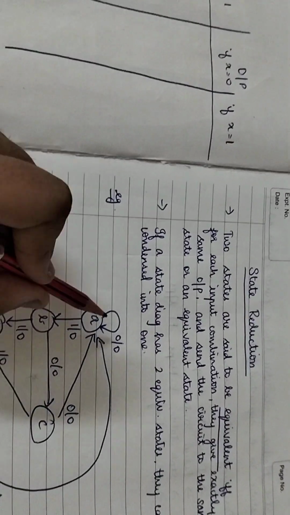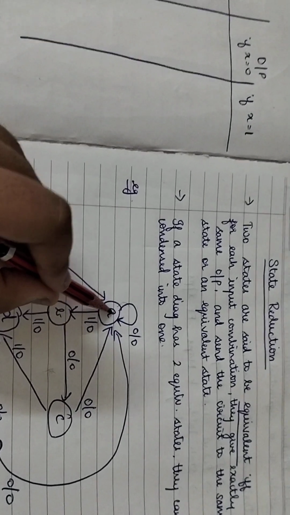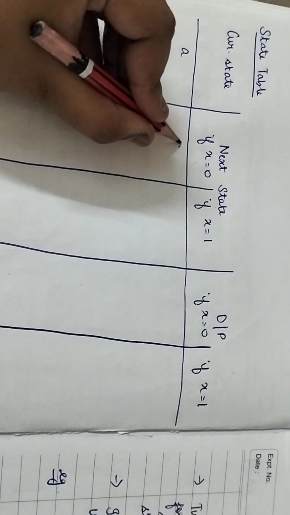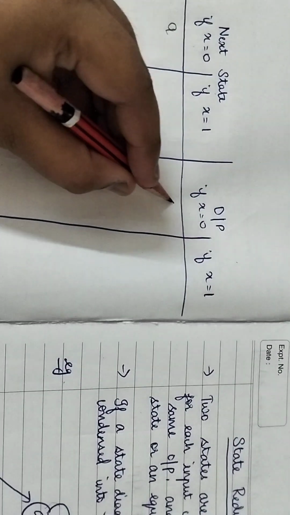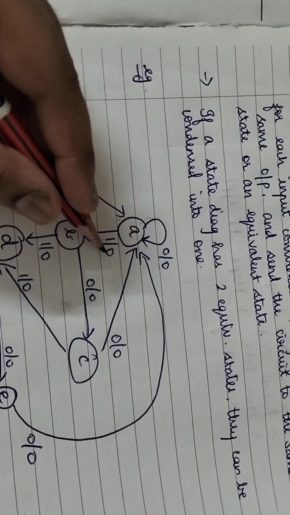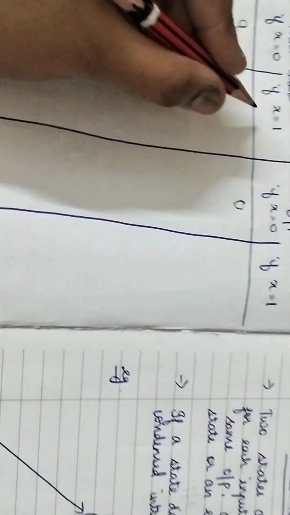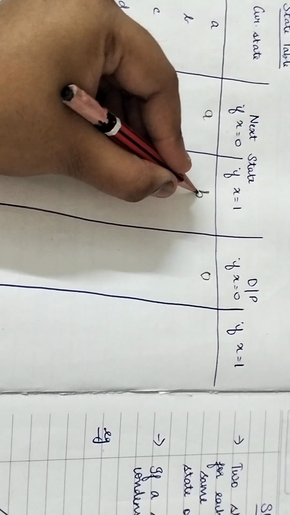If my input is 0, the next state is going to be A and the output is also going to be 0. If x equals 1, my next state will be B and the output is 0. Current state A, if the input is 1, x is the input here, next state B, output is 0.